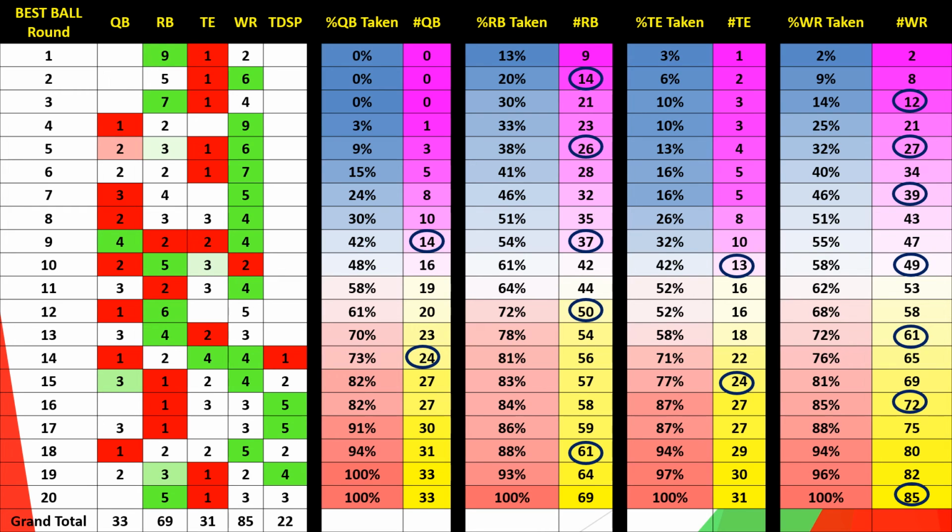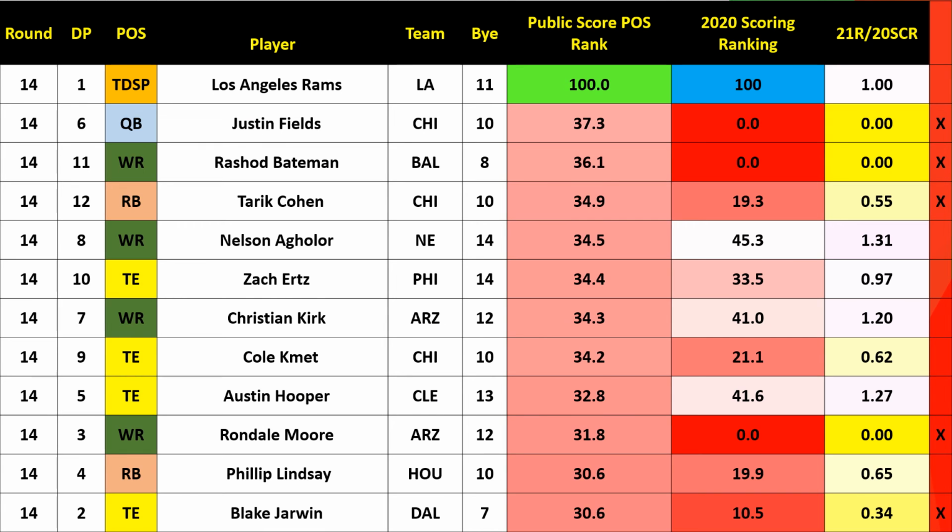So if I'm feeling good, the 5th, 6th round on both of those, then I'm taking a defense at this point. Notice the next 4 rounds, 13 are going. So most people are taking at least 2. I'm taking 3. So the Rams, that's usually, I've been taking a lot of those. Quarterback, Justin Fields, I'm passing.